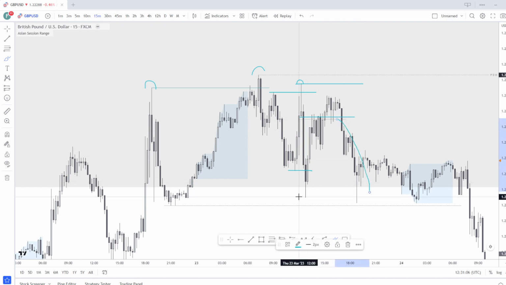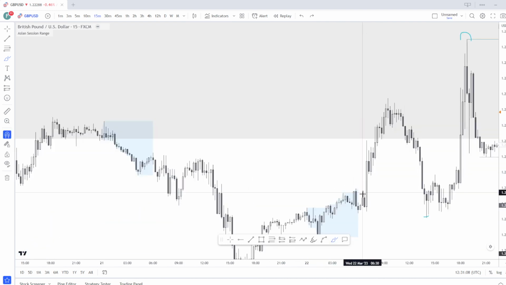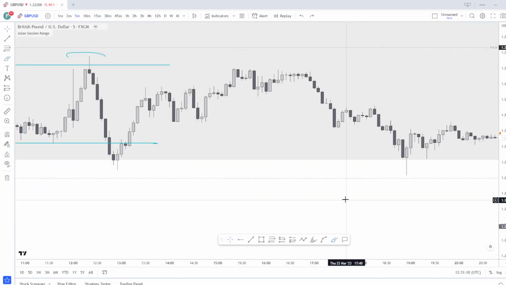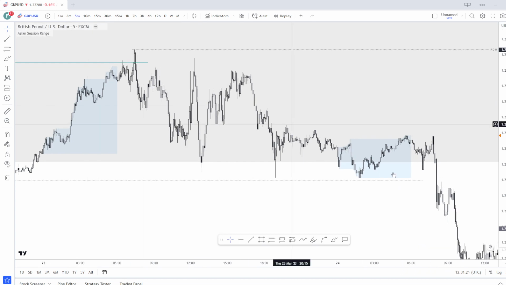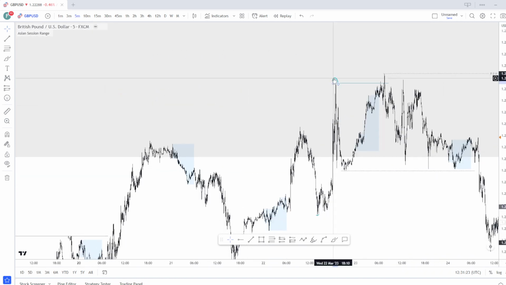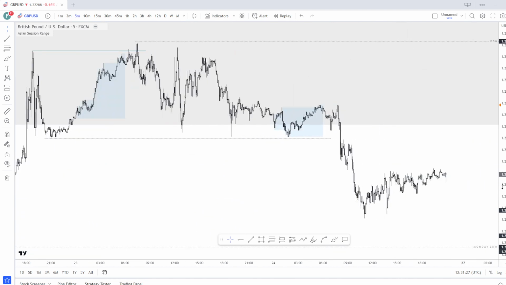It took a while to come in, but again, a nice 2R trade on a Thursday for GU. That's pretty much all the trades that I've taken this week, and I don't think there was any on Friday. Nothing on Friday.